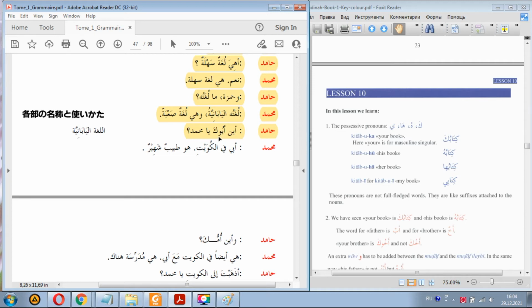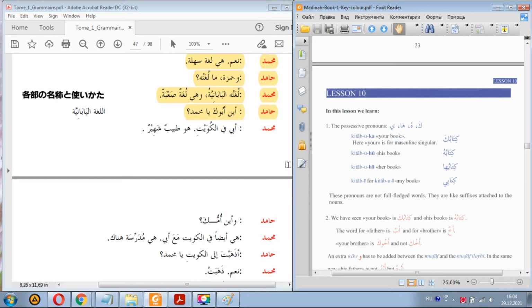Why is it so? Well, I've got to say that there are no words in the Arabic language that have less than 3 letters. 3 letters in one word is the least. And by words I mean not prepositions, but ism, like nouns.